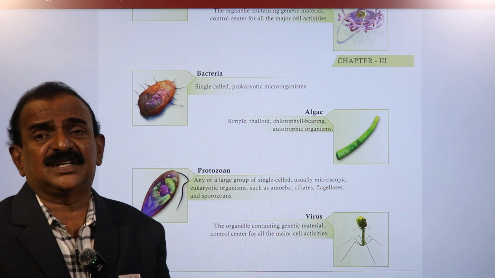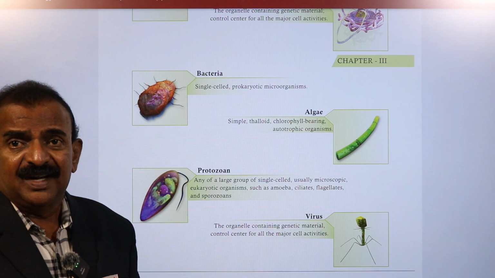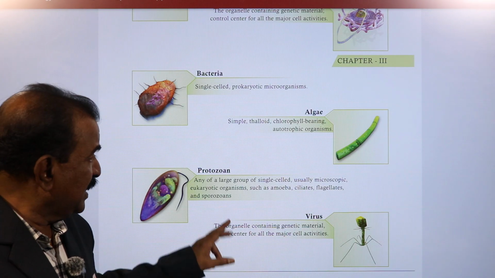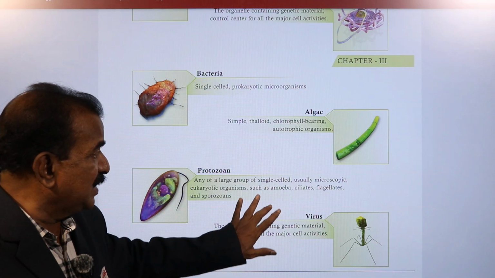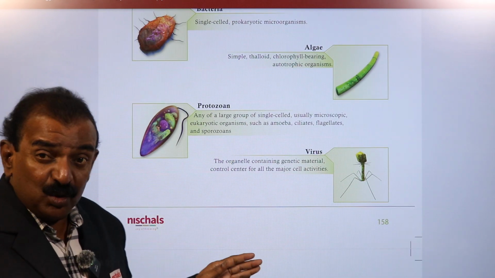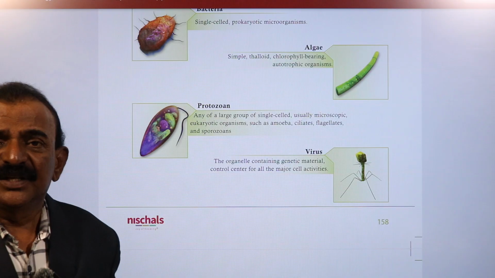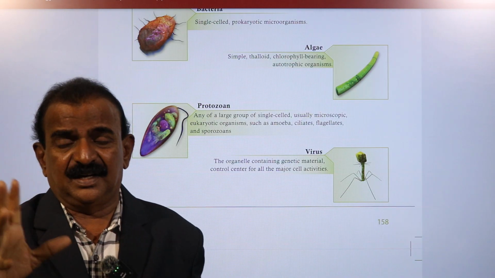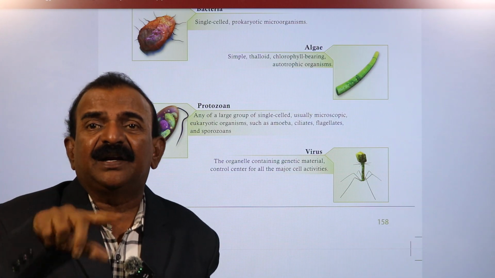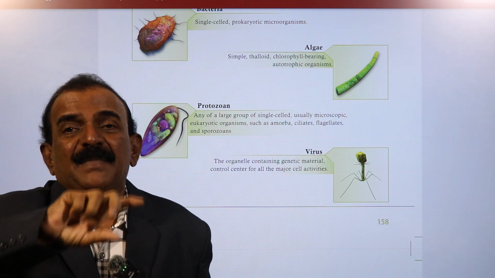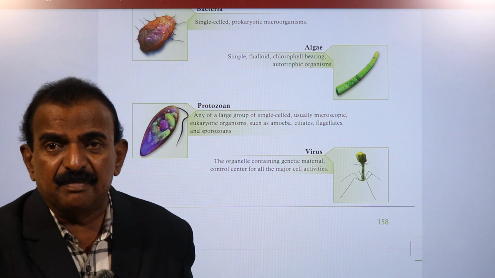So protozoans are unicellular organisms, and they consist of only one cell. You see any of an algal group of single cell, usually microscopic and eukaryote. Why? Because they consist of nuclear material, and this nuclear material is enclosed by a membrane, and that is called the nuclear membrane.